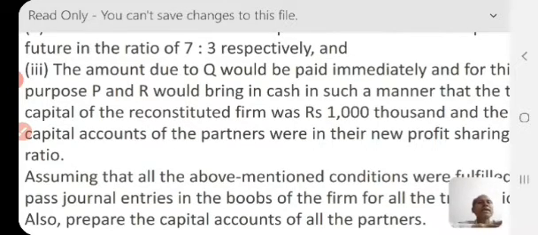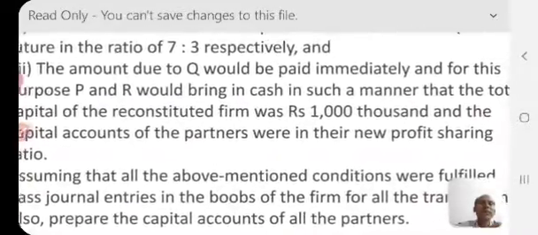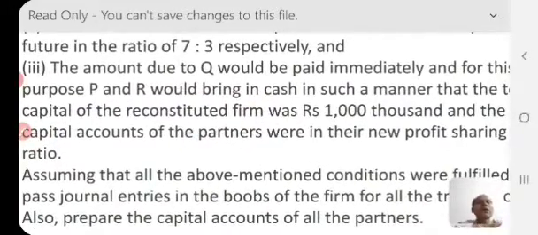So the capital accounts of the partners were in their new profit sharing ratio, and the total capital must be 1,000 thousands.